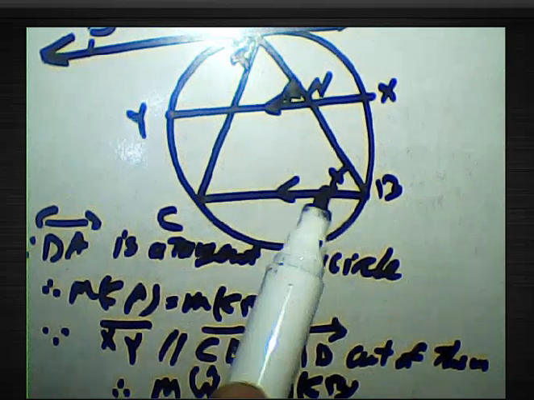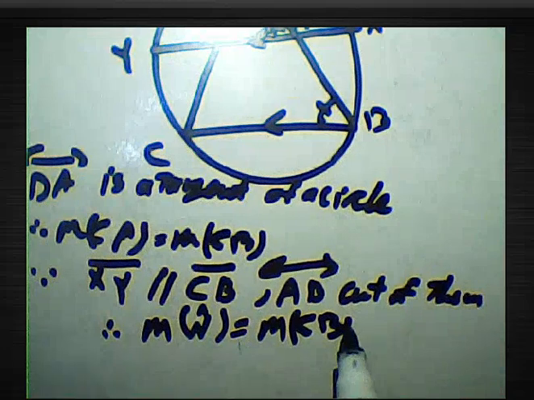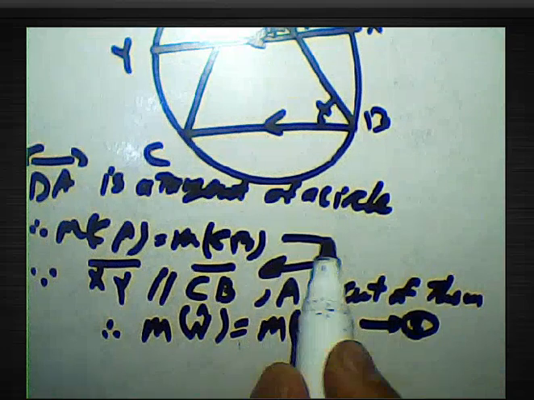Measure of angle X equal measure of angle B. It's relation number 2, and here relation number 1.